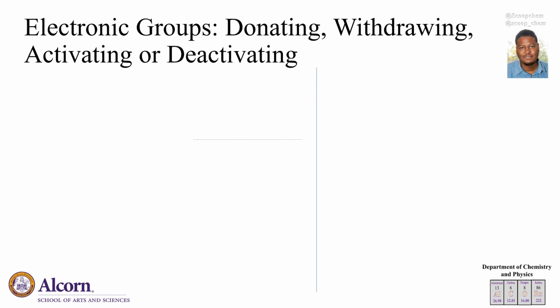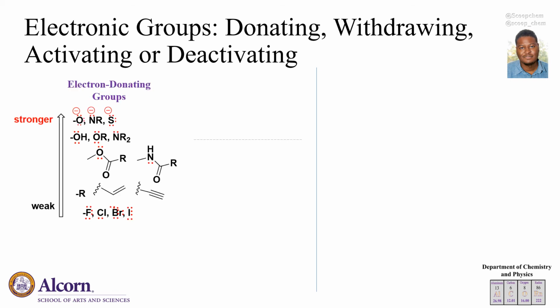Let's cover electronic groups, donating and withdrawing, and then we'll cover this new term of activating and deactivating. Electron donating groups are present here. The best way to summarize these are lone pair bearing atoms or other carbon groups. Up top we have our negatively charged oxygen, nitrogen, and sulfur species. Underneath that, we have just plain oxygen species, so alcohols, ethers, amines.